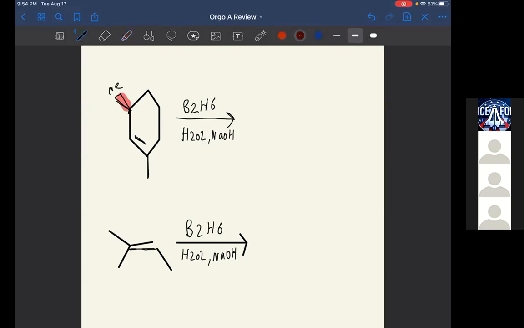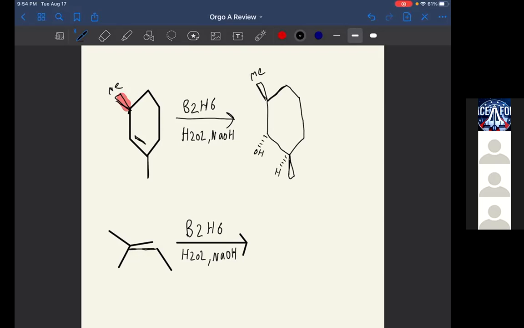So the final product. He never taught us the mechanisms behind these because they were really weird. I'm sure you guys remember that. You just kind of had to know how they added. But this is how it would add. The only thing that's weird is that the OH and the hydrogen follow anti-Markovnikov, meaning the OH is going to attack the less stable carbocation position, which would be over here, and the hydrogen would attack here.